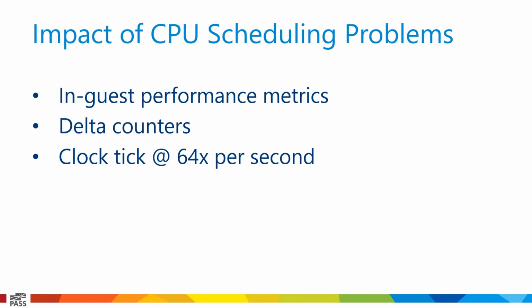Okay, why is all of this a really, really big challenge? Well, think about this. Long time ago, all of your in-guest, so in this case, operating system level timekeeping, was done through this thing in the CPUs called the clock tick. 64 times a second, there's this thing inside every CPU that's basically like a metronome.